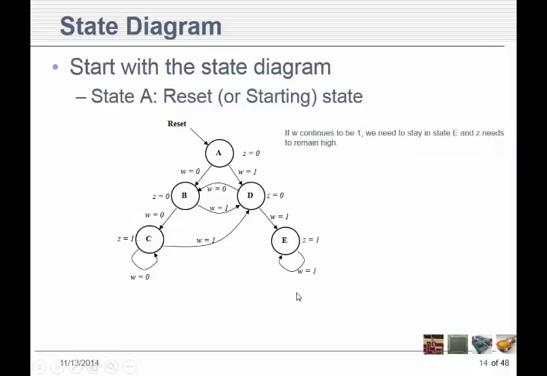If we've had W equal 1 twice, and here it's still a 1, then we stay in E and we keep making the output high. And then if ever we were in state E where we had two 1s and then got another 0, we'd have to go back to B. And again, B is that state that says there's only been 1, 0. Okay.